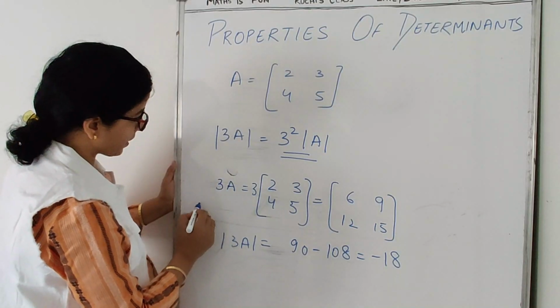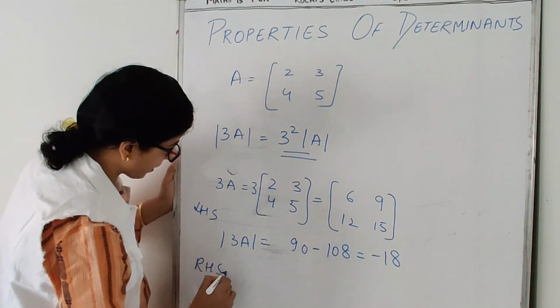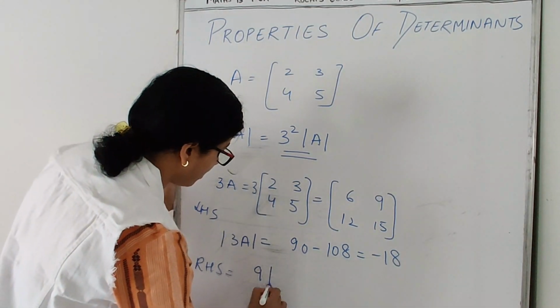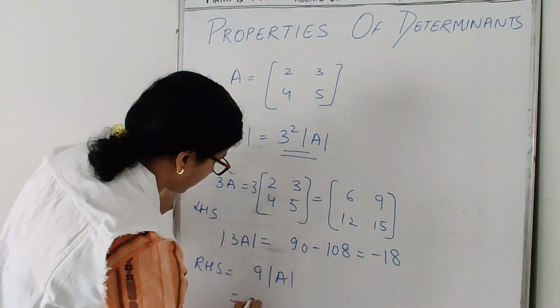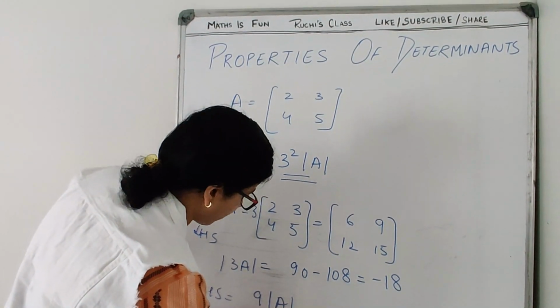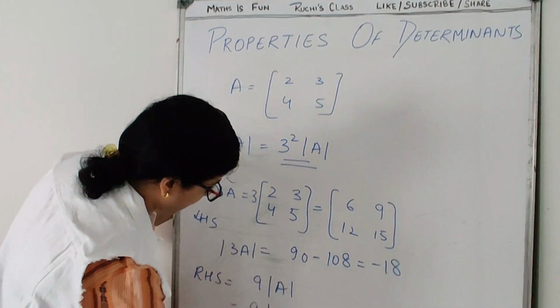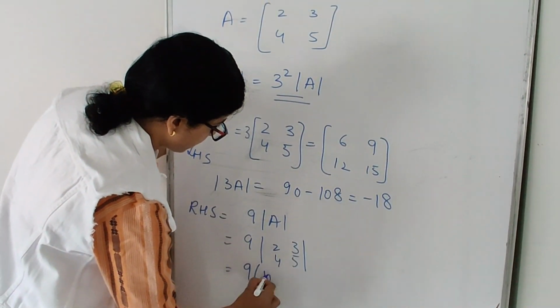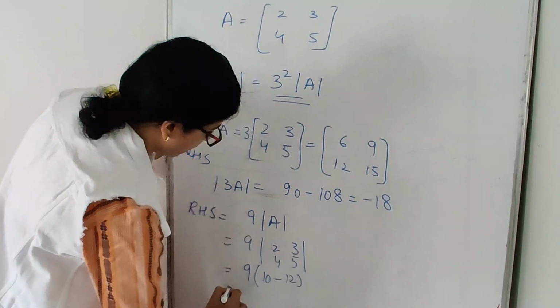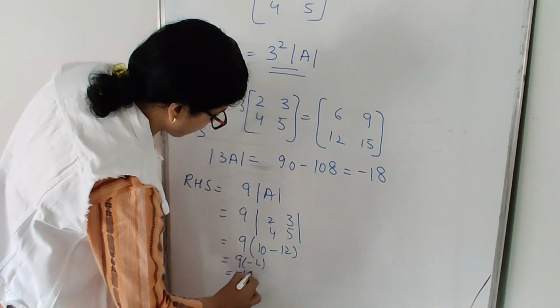So this is my left hand side. Now for the right hand side, what is it? 9 into determinant of A. So we'll find the determinant of A: 2, 3, 4, 5. So which is 9 into (10 minus 12). So it means 9 into minus 2, which is minus 18.